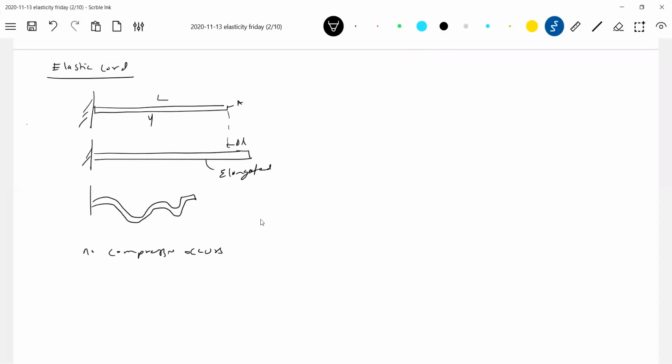The spring constant is YA by L. Again the same method: what is the energy stored in it? U equals K delta L whole square by 2, and this much is the energy stored in the cord.